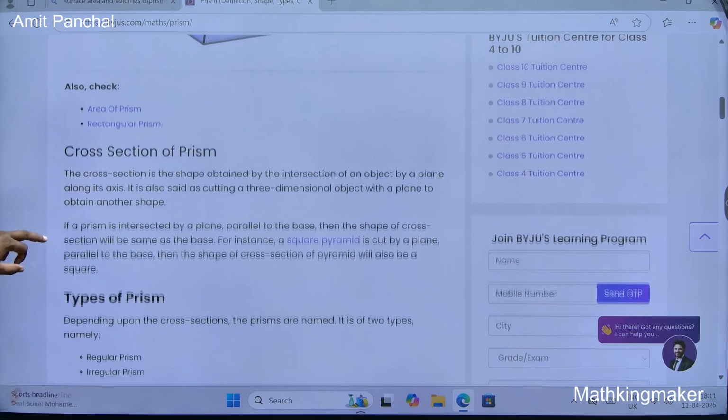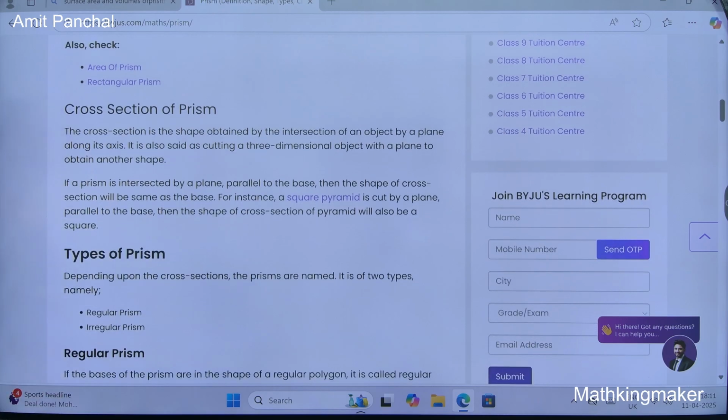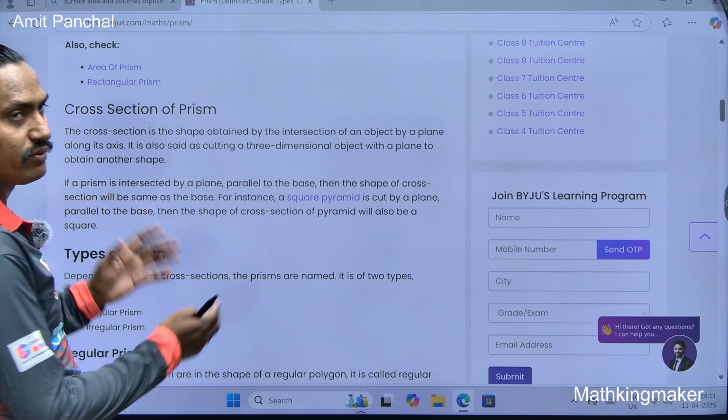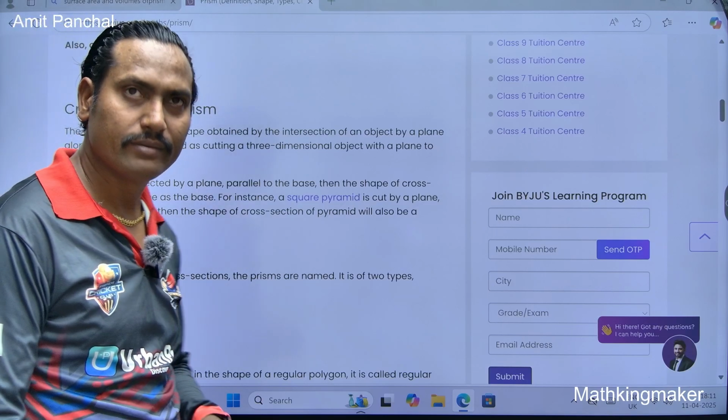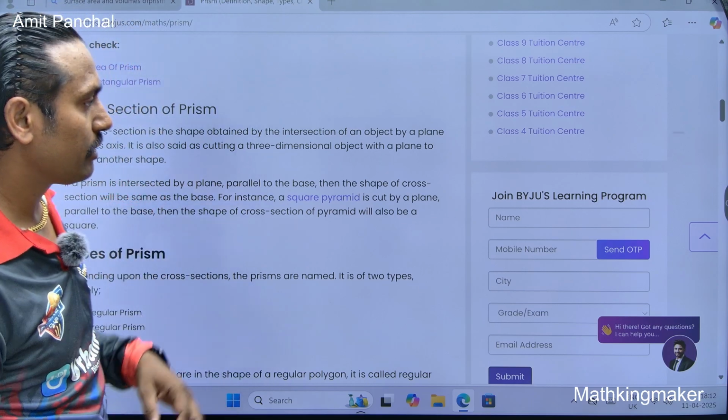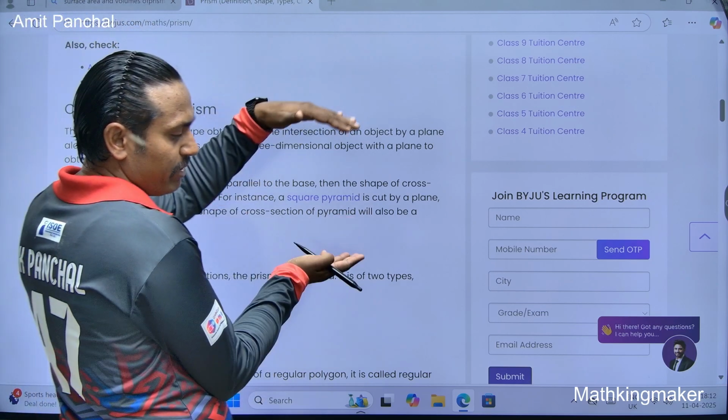Now what is the cross section of a prism? Cross section means the shape obtained by the intersection, the shape of its base.